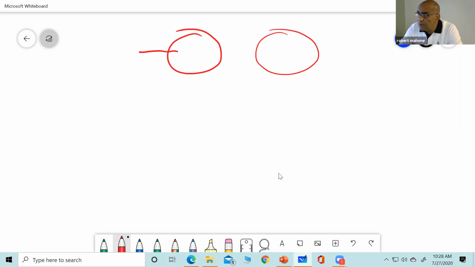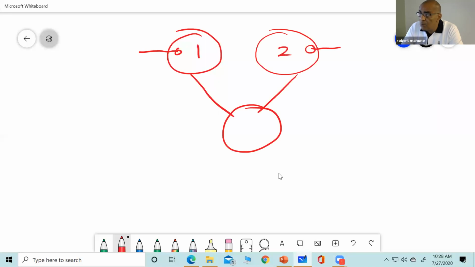Two eggs fertilized by separate sperm. And for some reason, and we don't know why, those two eggs joined into one. So they were two people at one point, and they joined into one person.